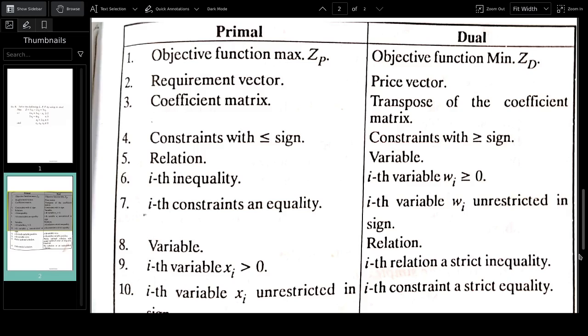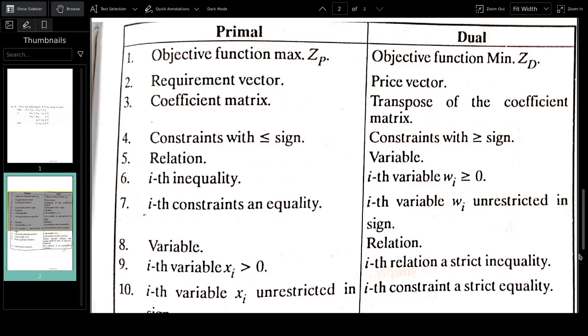Next, number point 7 is what? Ith constraint an equality, and this is ith variable, the wi unrestricted in sign. And in case of primal is variable, then in dual, this is just the relation. Next one, number point 9 is what? Ith variable xi greater than 0, then in dual, this is the relation, strictly inequality.